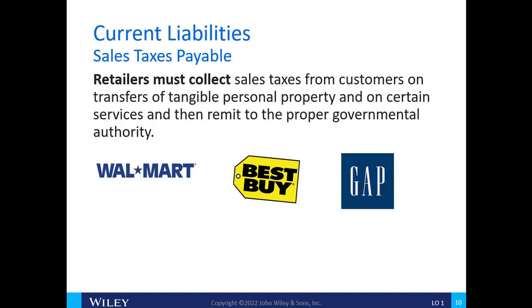All right, another current liability, sales tax. If we go to any retailer and buy something, we're going to have to pay for the merchandise, and then on top of that we have to pay sales taxes to the state and local municipal authorities.